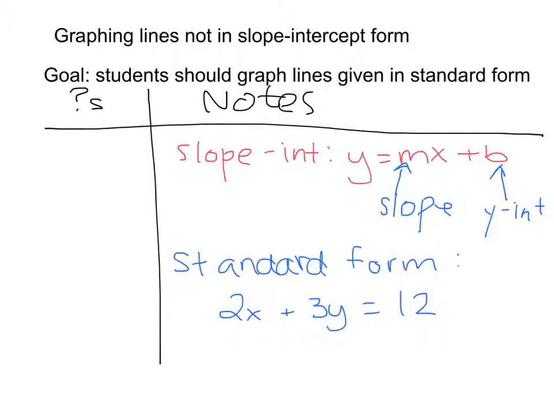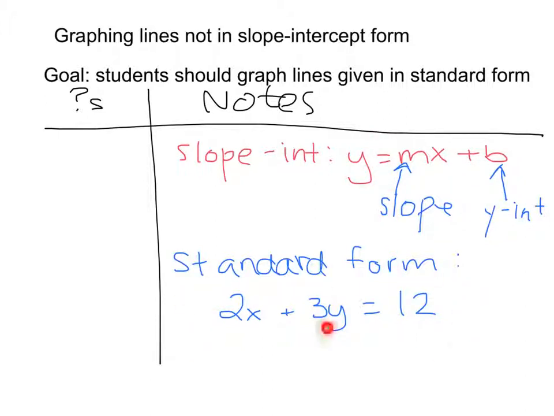So if I want to graph something in standard form, right away you should notice that we have some differences in this type of situation than in our slope-intercept form. So first of all, in standard form, our x and our y terms are on the same side of our equal sign, okay? In slope-intercept form, our y and our x are separated by our equal sign.